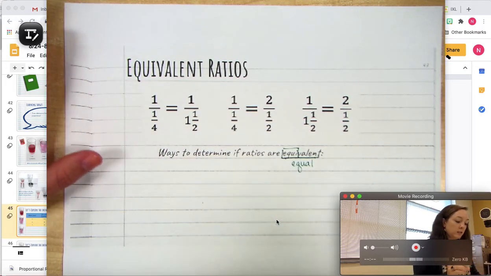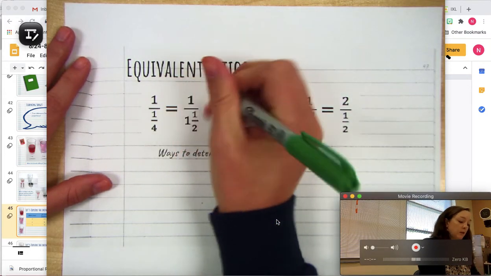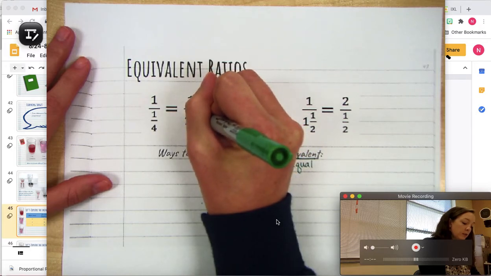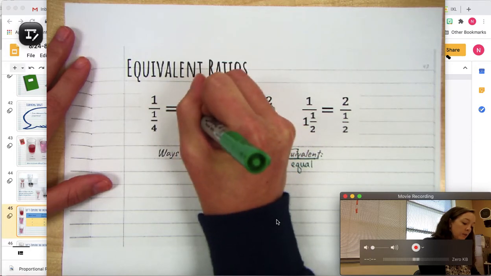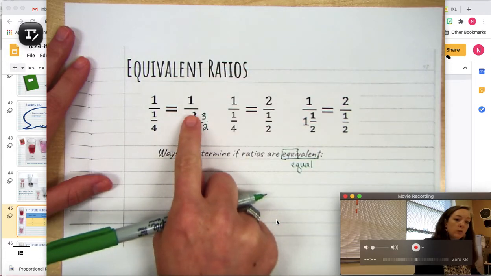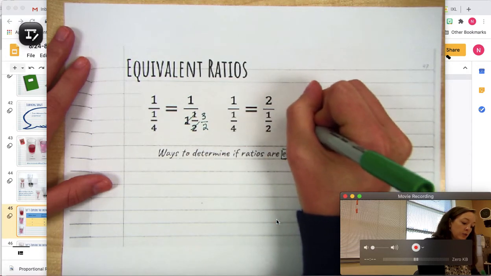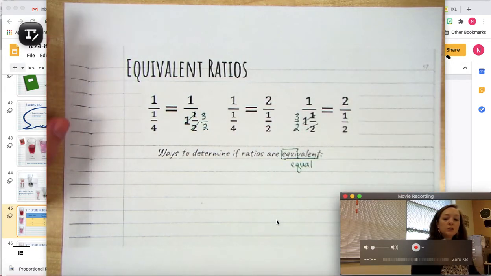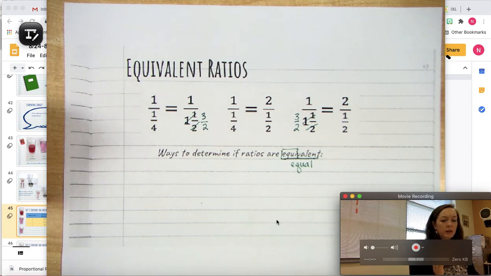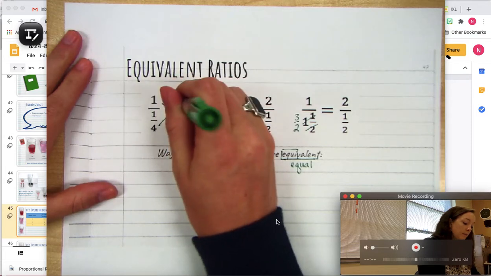Before we do anything else, let's make this mixed number into an improper fraction. So I'm going to say 1 1/2, and I'm going to mark it out, and I'm going to make that 3 halves. 1 times 2 is 2, plus 1 is 3, and your denominator is 2. I'm going to change this one as well. Okay, so the first method is going to be, I think Miss Batchelor told me that a lot of you learned it as the butterfly method, something like that. So we're going to cross multiply.